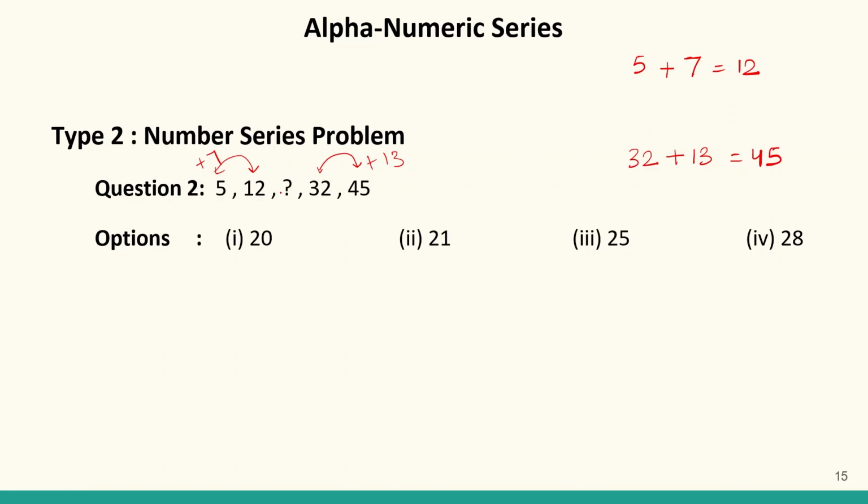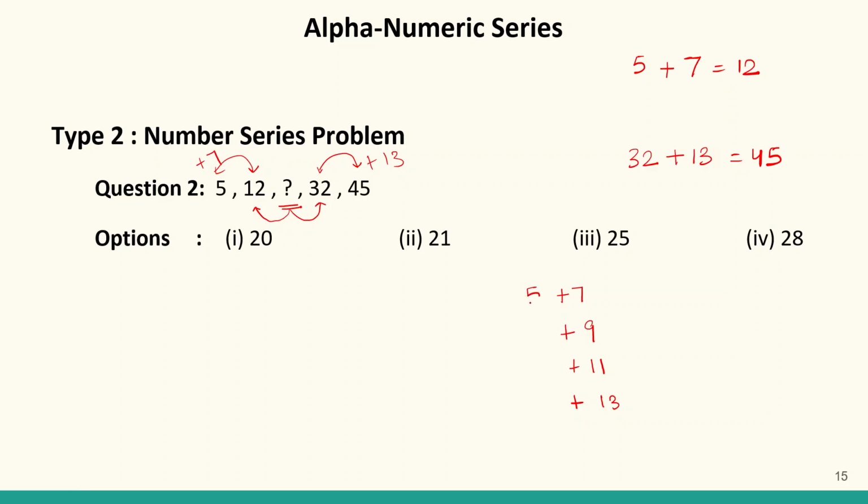Now, I told you that whenever we have an element that is missing from the middle, whenever we need to find such an element, we need to establish the relationship between the previous term as well as the next term. So let us try and make a logical series out of this, right? If I add 7, if I add 9, if I add 11, and if I add 13, in this increasing order, will that make a logical sequence?